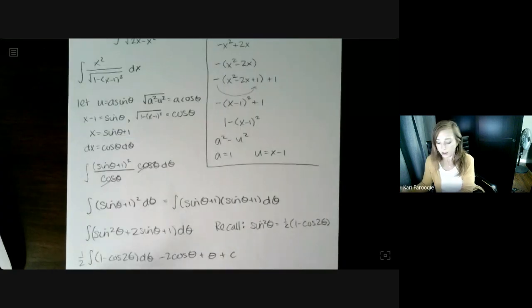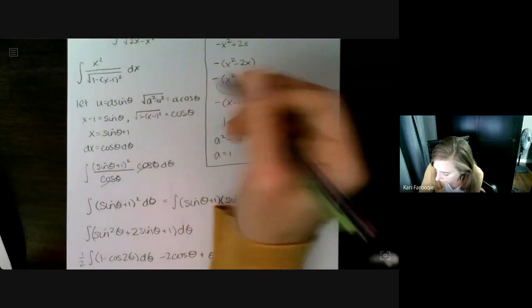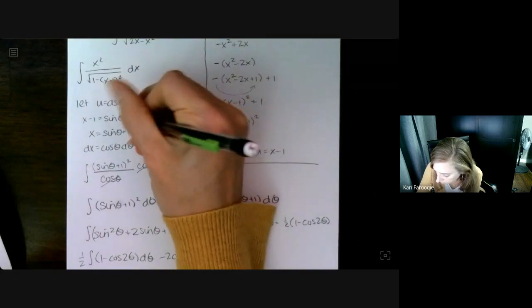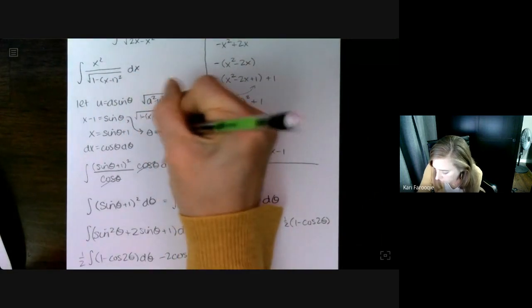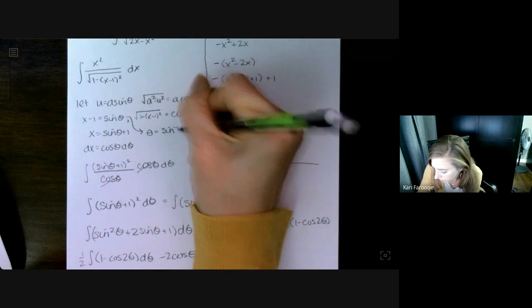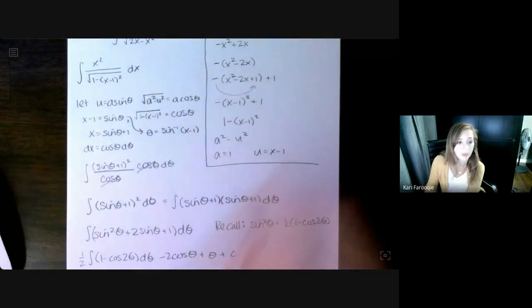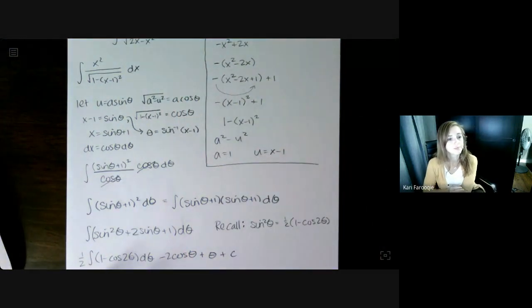Oh, and we need a theta. Sorry, I almost forgot about that. If we already have this information, then we can say that theta is the inverse sine of x minus 1. So take the inverse sine of both sides to get theta by itself.